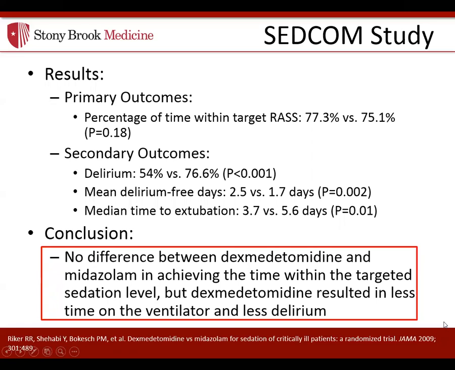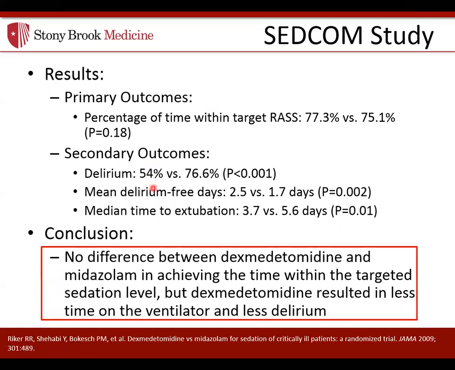And what the study found was that there was no difference between the agents in the primary outcome, but the prevalence of delirium was actually higher in the midazolam group at 76.6%, versus 54% in the patients who were treated with dexmedetomidine.